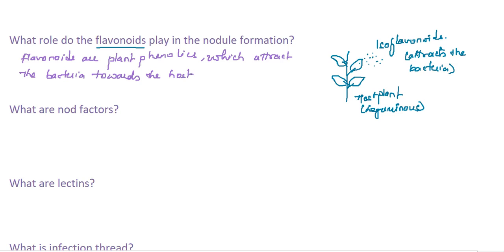After that, it stimulates the nodule formation. So nodule is not formed on the plant all the time. It is formed only when the bacteria come in association with the host plant, right? And also stimulates the nodule formation.